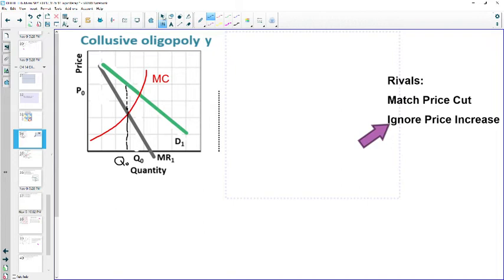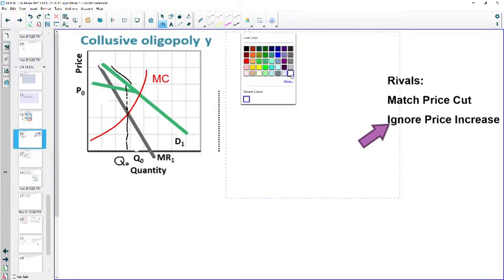But now if one person raises prices, they're going to dramatically cut their demand, because when they raise prices, they're going to lose a lot of business. They're not going to be able to move along the old demand curve. That old demand curve is no longer going to exist.